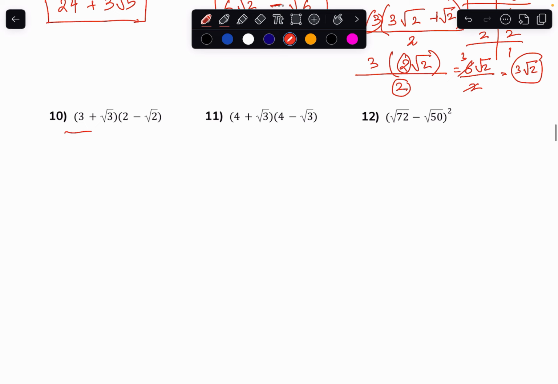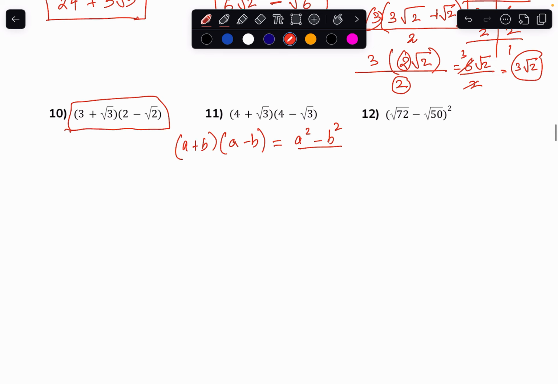Now we have other ones in which we have a plus sign and a minus sign. We have to check whether the rule of a plus b, a minus b, the difference of two squares, is applicable or not. In this type of question we check whether a plus b and a minus b is applied or not.